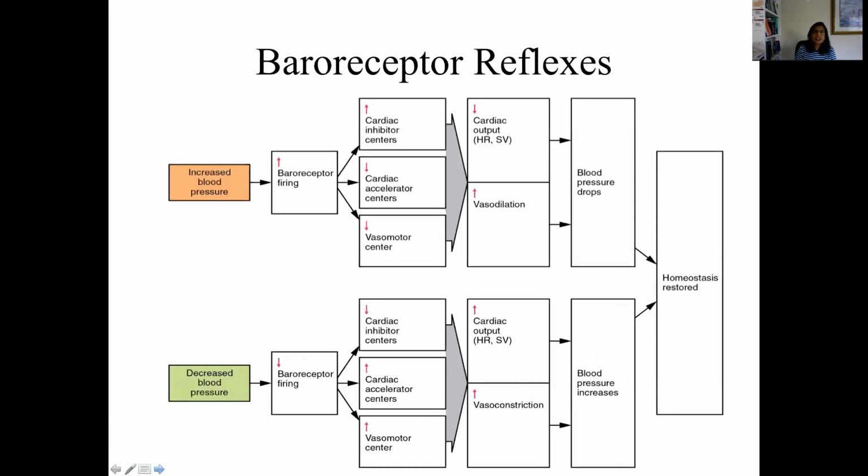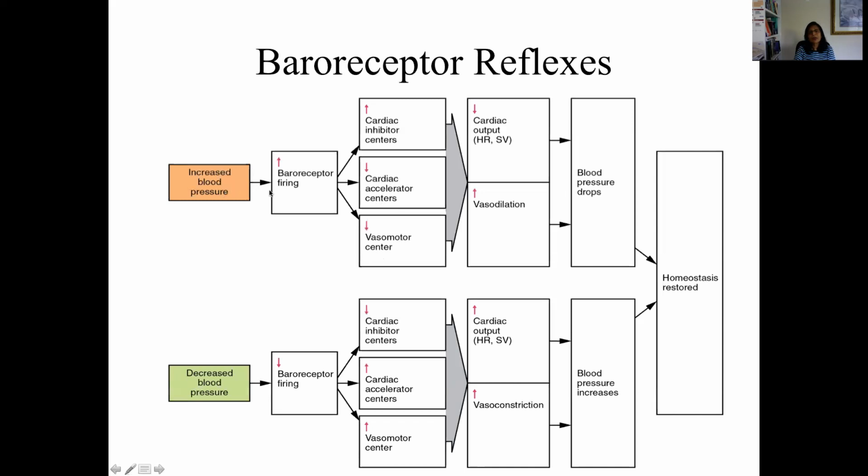So the same thing is shown in here. Increased blood pressure is where you would increase baroreceptor firing, and you would turn on the cardiac inhibitor center, turn off cardiac accelerator center, and then also inhibit vasomotor center.